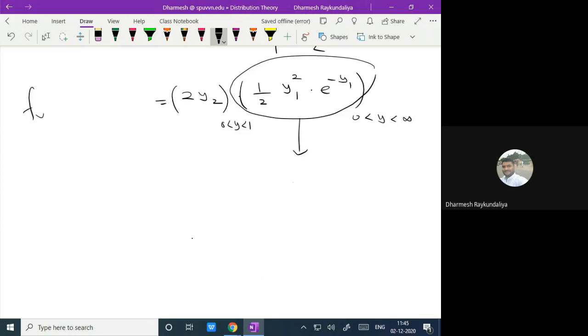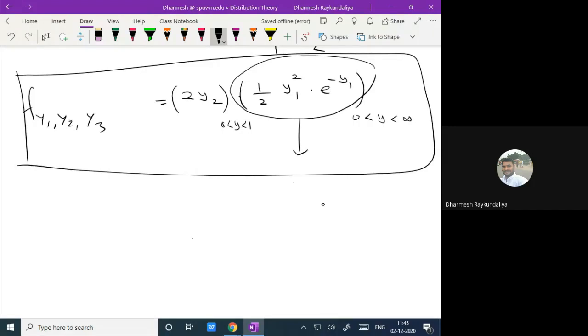So this is what, our aim is to find out the joint density of y1, y2, y3. So what is the joint density of y3? What is y3? It is 1. Okay. So can we say that y3 also lies between 0 to 1?